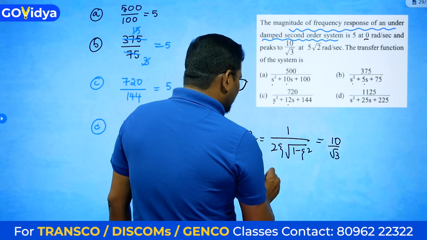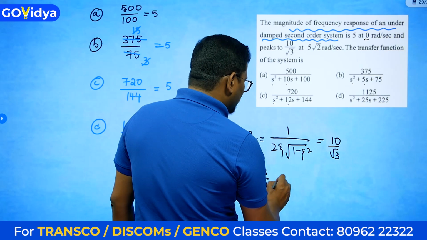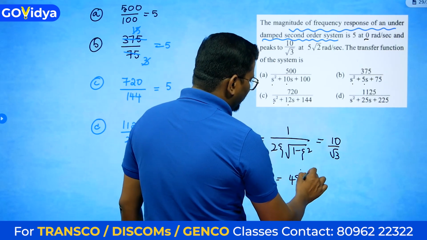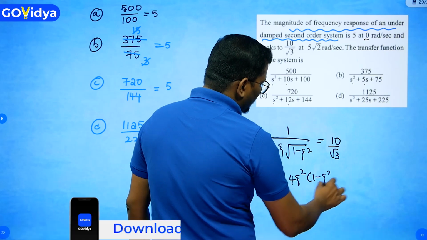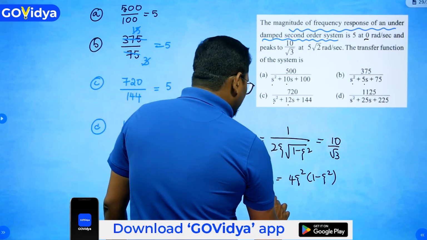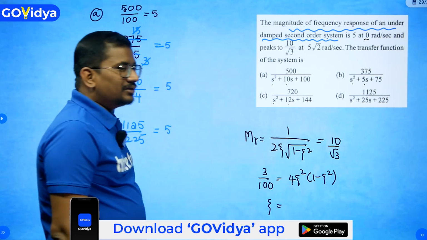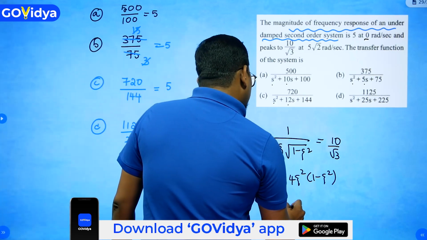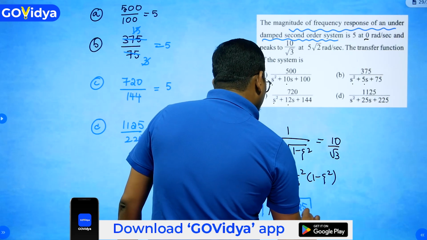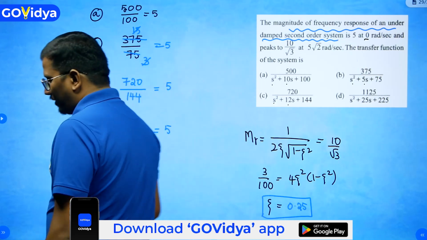Squaring on both sides, 3 by 100 is equal to 4 zeta square into 1 minus zeta square. If you simplify this, what will you get for zeta? We got zeta value is 0.25.